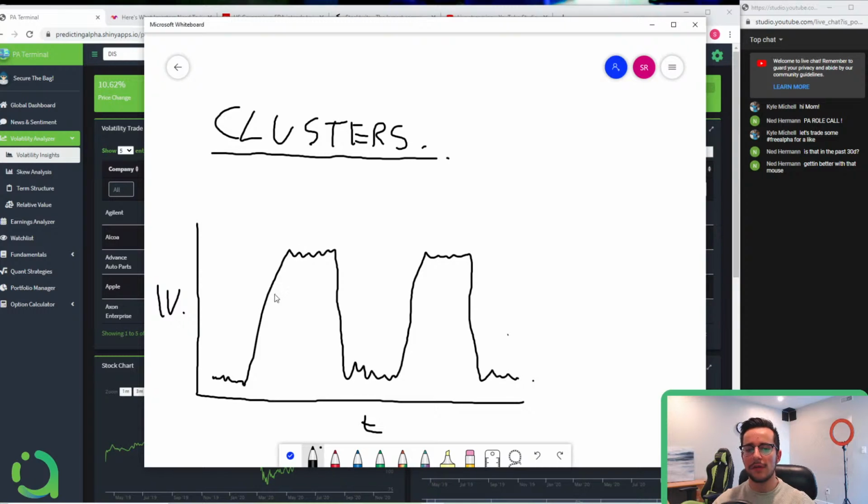We're seeing that when volatility spikes, it tends to stay high for a while. It's not IV, this is realized volatility. And when volatility comes back down eventually, it tends to stay down for a while. This is one of the characteristics of volatility.